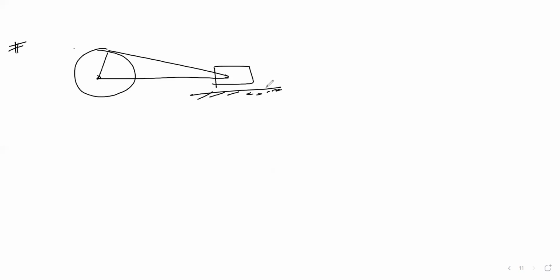Then what is the degree of freedom for that? First of all, count the number of links here. This is link 1, this is link 2, this is link 3, and this is link 4, and the slider is sliding over that.